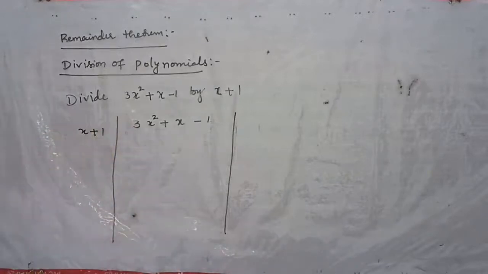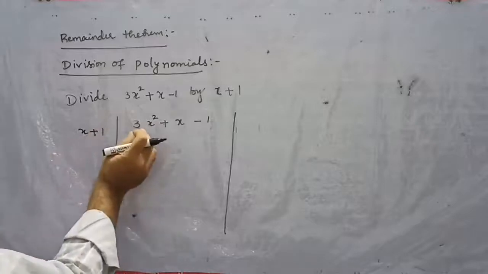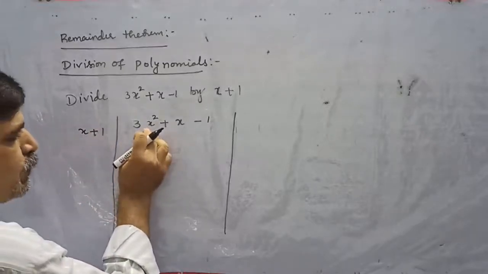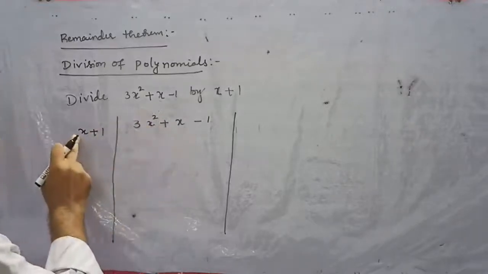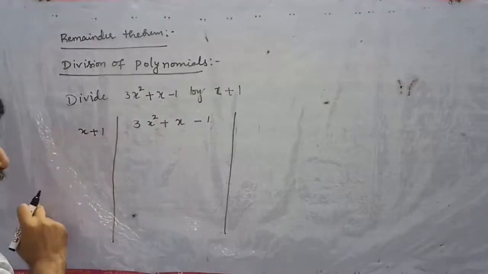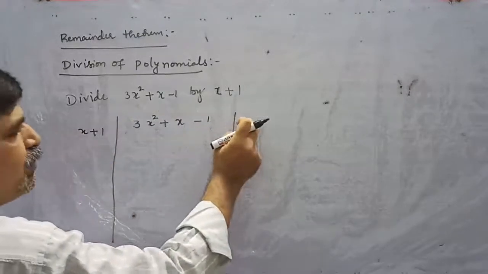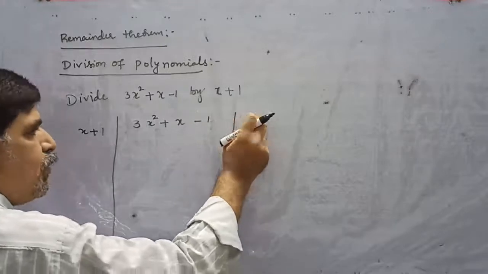Okay. Now, first, what is the degree of this polynomial? 2. Here the degree of divisor polynomial is 1. Now the degree of the quotient is 1 here.